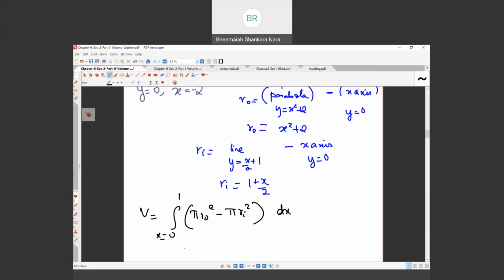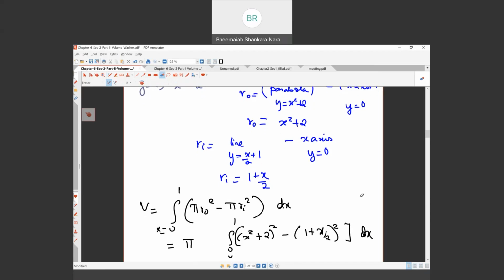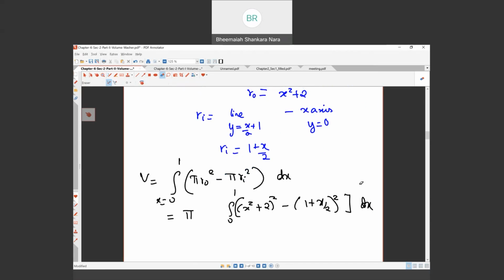You factor out pi, integral 0 to 1, of x squared plus 2 the square minus 1 plus x over 2 the square, and then we have a dx. So when we expand, FOIL, integrate, evaluate the limits, and simplify, you see that you get 79 pi divided by 20.